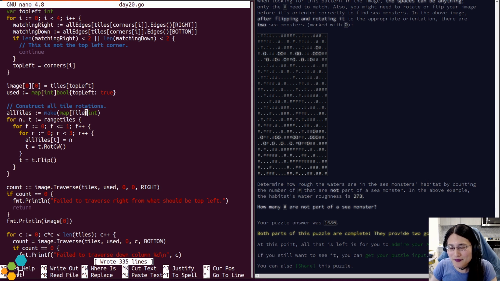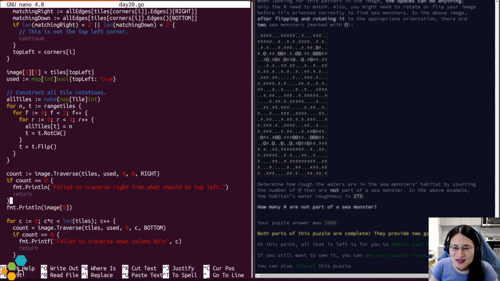Because a tile is a fixed bool array of fixed width, I believe that this will work. Golang understands how to use as map keys anything that is serializable in a fixed fashion and contains no pointers. All right. Oh, wait. This needs to be 4. There we go. That is more reasonable now. Okay.